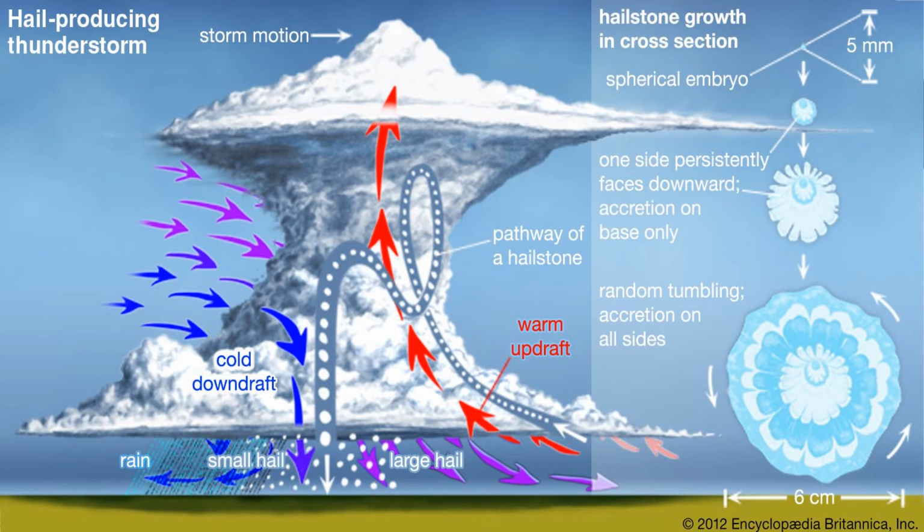Small hail often completely melts before reaching the ground, so not all the hail that forms in the cloud actually touches the ground.